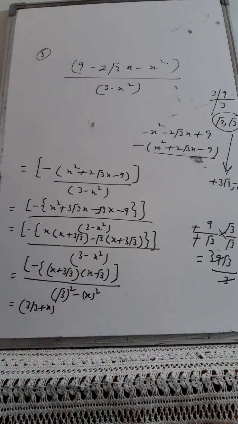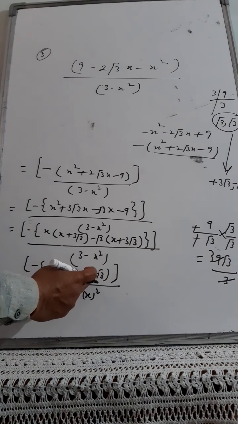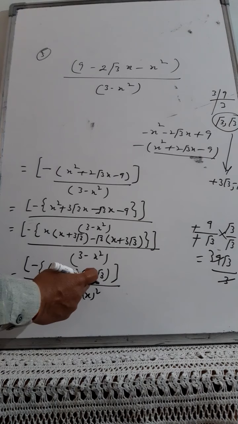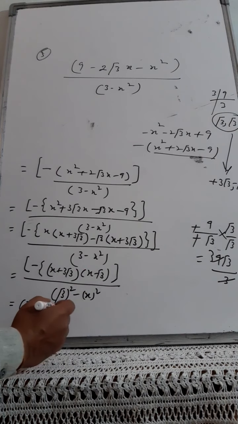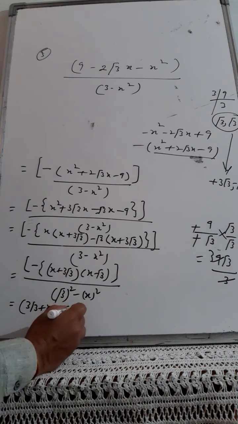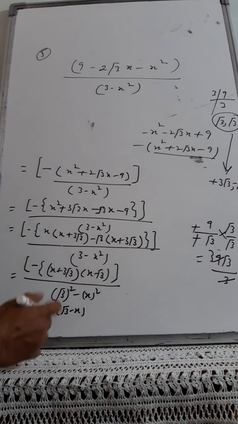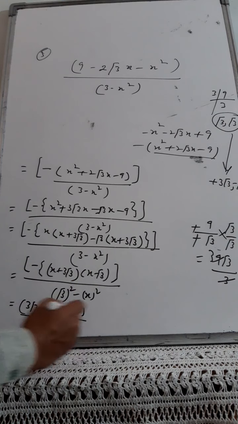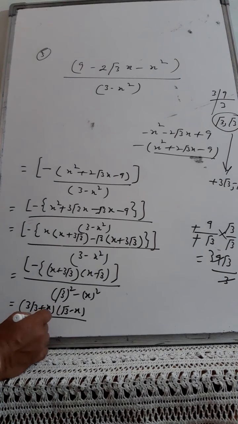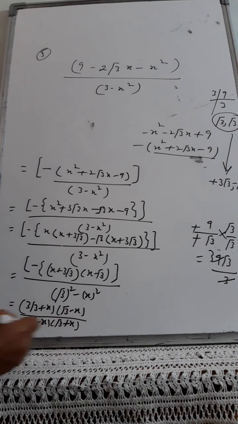I'm multiplying with minus, so I have to multiply only once. Then here I will be left with under root 3 minus x. When I multiply it by minus, negative will become plus, or plus will become minus, and upon that is your under root 3 minus x into under root 3 plus x. So here now you can cancel under root 3 minus x into under root 3 minus x.